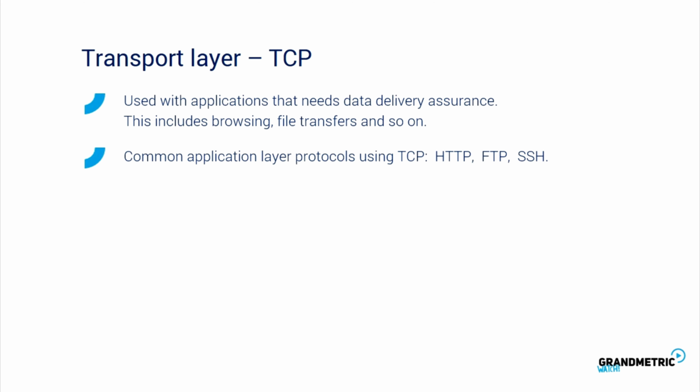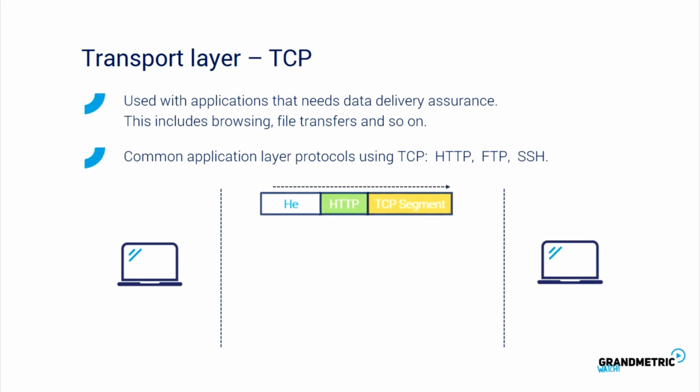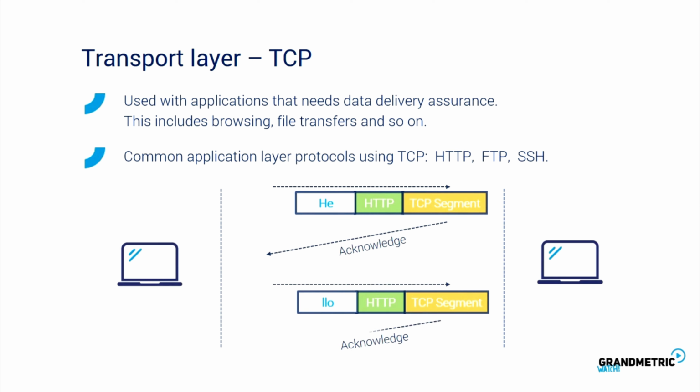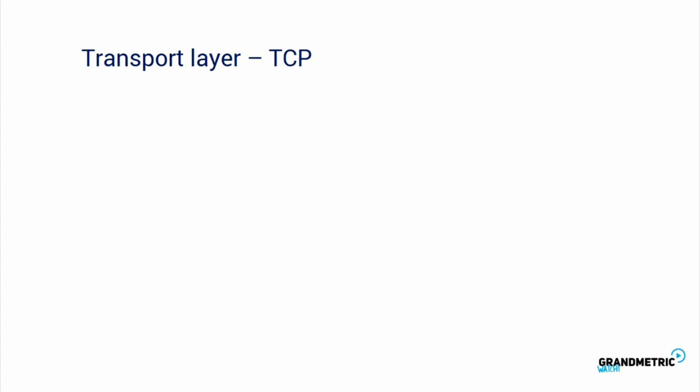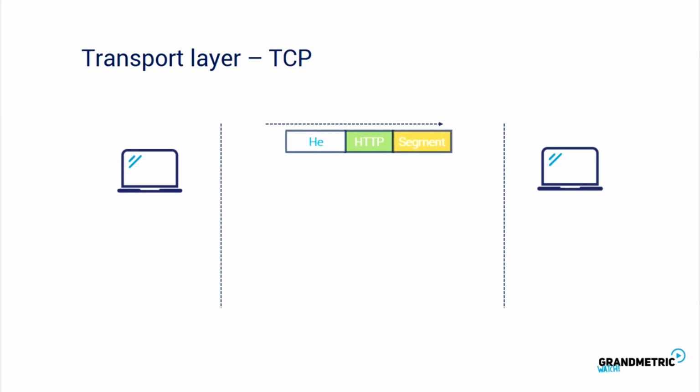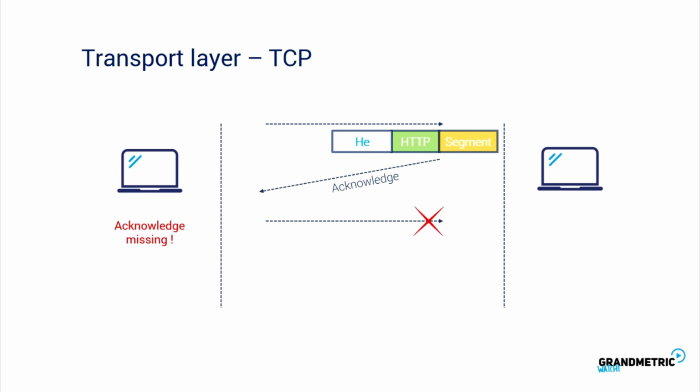Common application layer protocols that use TCP as transport are Hypertext Transfer Protocol (HTTP), File Transfer Protocol (FTP), or Secure Shell Protocol (SSH). Communication in TCP assumes acknowledging each delivered segment by the receiver. However, if a segment is not acknowledged by the receiver, it is resent by the sender.